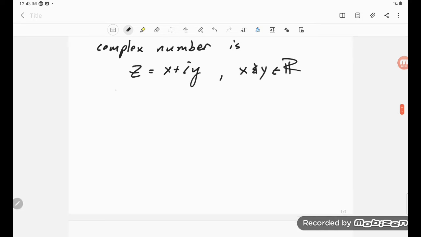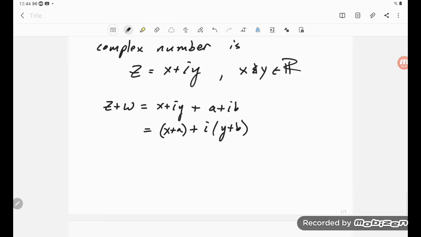Now, what happens if I add z plus w? So that's an x plus iy plus an a plus ib. Well, if we add this, it seems reasonable that I would take x plus a and then plus i times, I just factor out the i and I get y plus b.